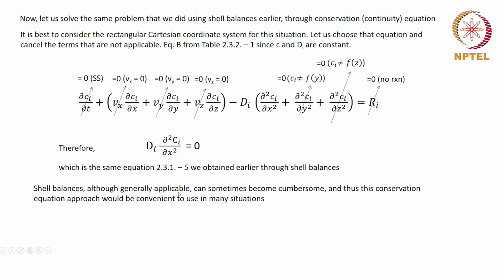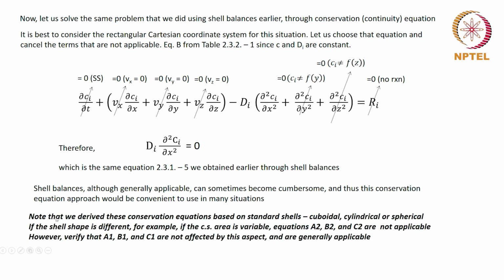Now we come to the caution. Shell balances, although generally applicable, can sometimes become cumbersome, and thus this conservation equation approach would be convenient to use in many situations. That is the reason why we got into this. However, note that we derived these conservation equations based on standard shells: cuboidal shells, cylindrical shells, spherical shells.